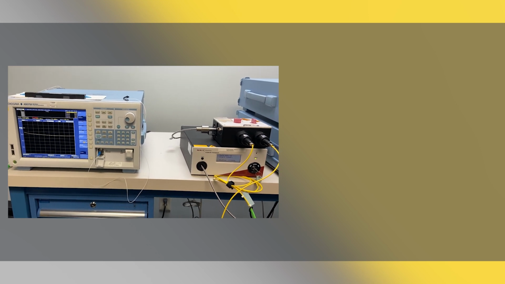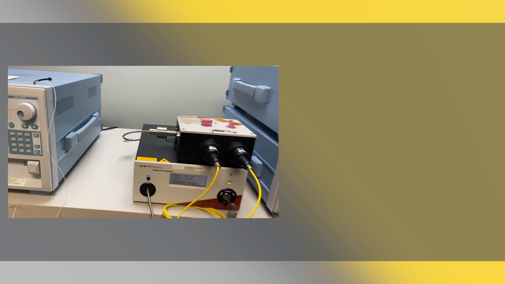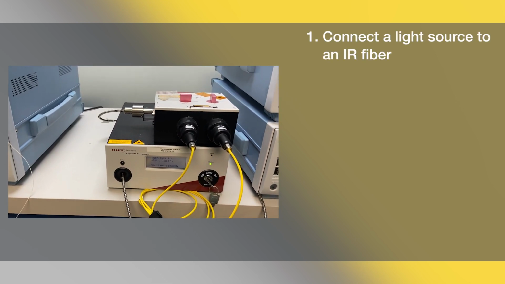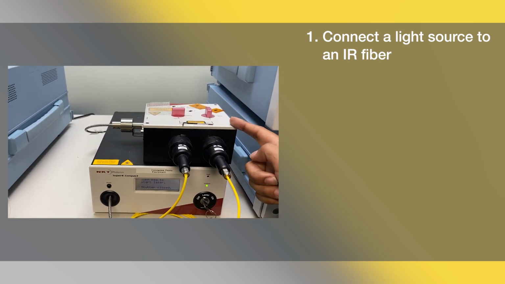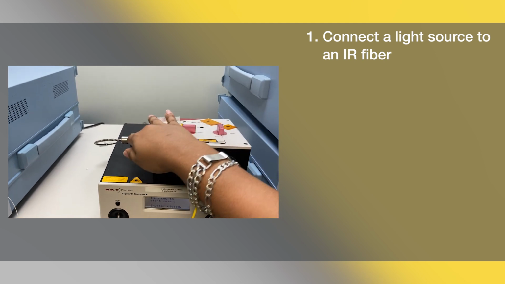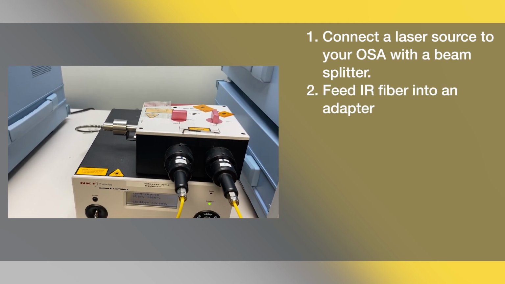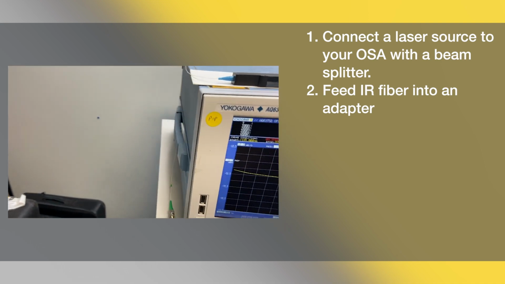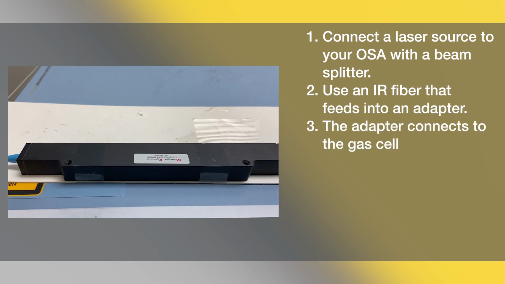I'll be showing how to measure a gas cell using a Yokogawa OSA. So first we have a laser source, in this case an NKT Photonics SuperK Compact laser with a beam splitter that splits the laser source beam, going into an IR fiber being fed into an adapter and then going into our gas cell right here.